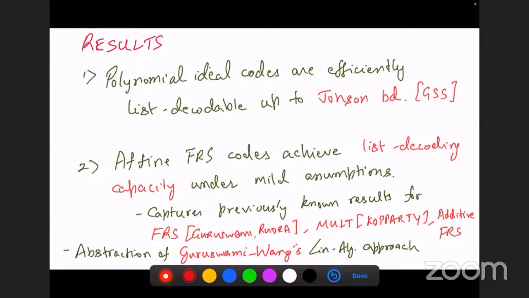And the main idea behind the proof is looking at Guruswami-Wang's approach. Guruswami and Wang had a different way of proving that these codes achieve list decoding capacity using a linear algebraic framework. So we abstract their approach in terms of linear operator codes, and we show a very intimate connection between polynomial ideal codes and codes which are defined using some nice class of linear operators.